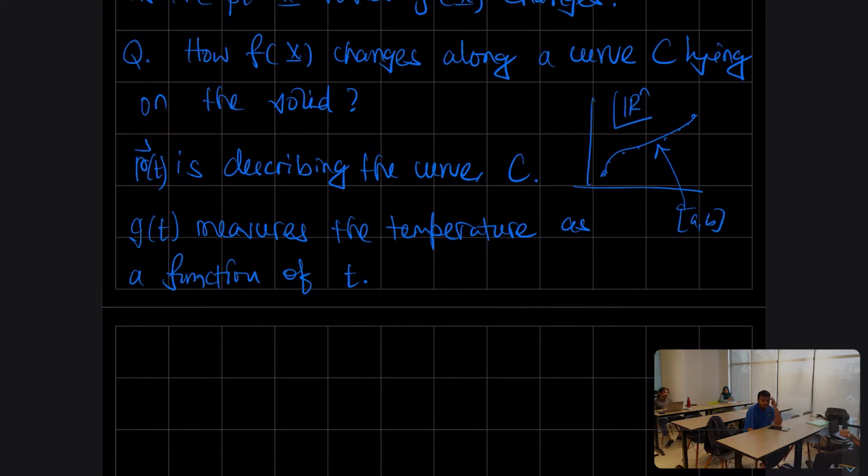But someone can choose one coordinate system with an origin, and I can choose a different coordinate system. So for me, x1, x2, x3 will be different.